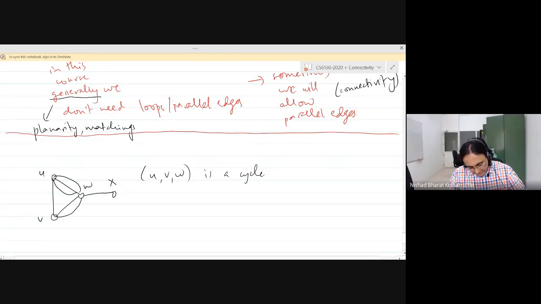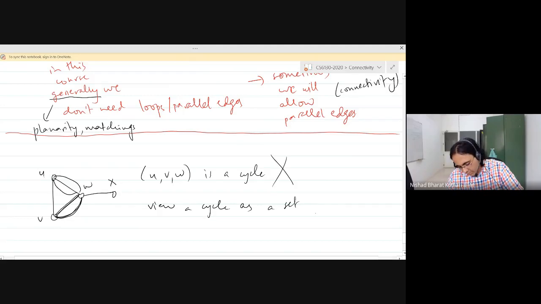There are two different edges. So you can't anymore say that a sequence of vertices defines a cycle uniquely. You have to view a cycle as a set of edges. Otherwise, it can be ambiguous.